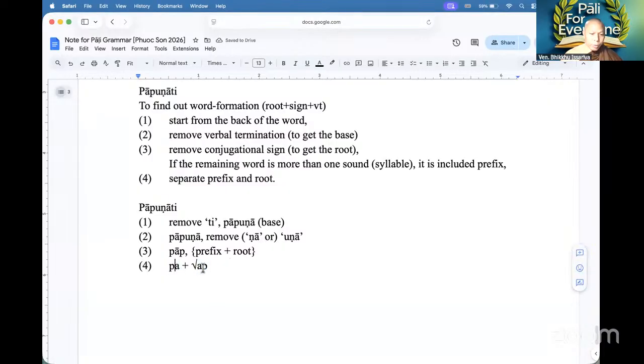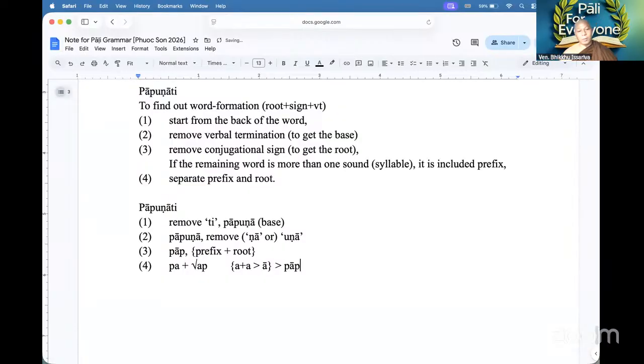Here there are two short vowels together, so sometimes one of them is dropped, and it becomes ba. It can be understood in this way.